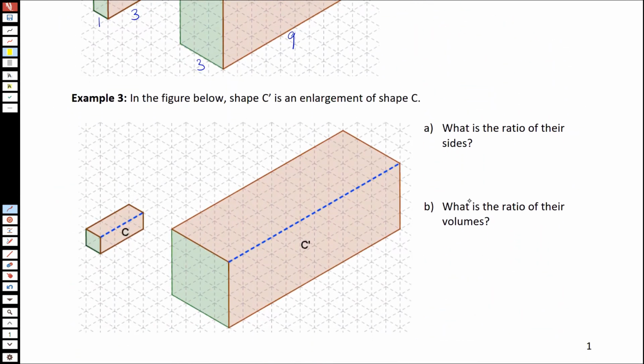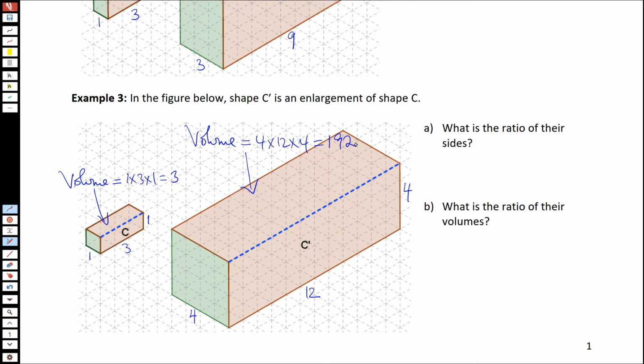So let's find out with one more example, and then we can generalize this. So in example 3, we have cuboids again, the lengths are 1, 3, and 1. And here the lengths are 4, 12, and 4. So the volume for this will be equal to 1 multiplied by 3 multiplied by 1, which is just 3. And the volume for this will be equal to 4 multiplied by 12 multiplied by 4, which will be equal to 192.